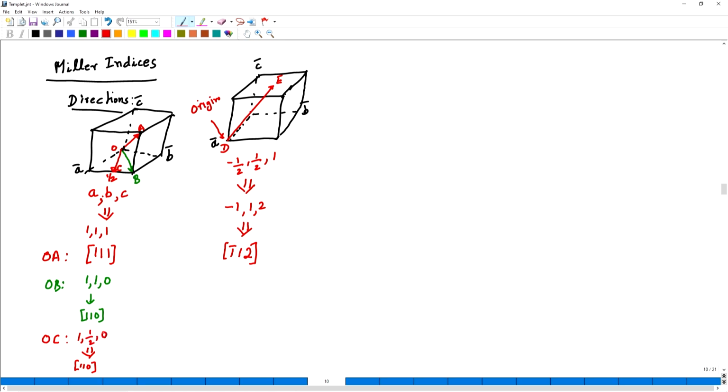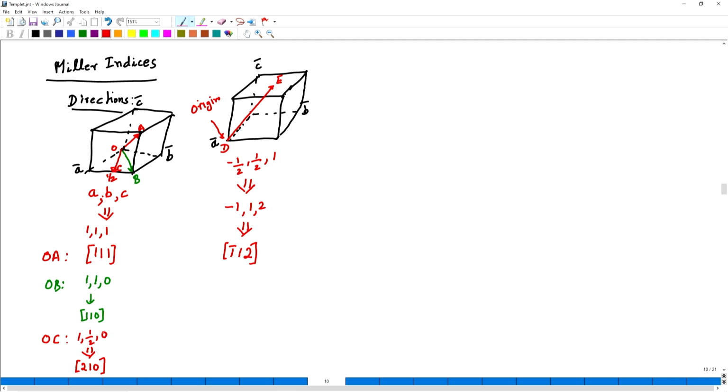Again, to remove the fraction, I multiply this by 2 and the direction becomes 2, 1, 0. So, this is a very simple idea of defining a direction using 3 indices in crystal space or in lattice space.